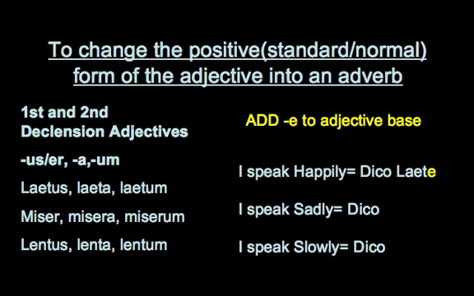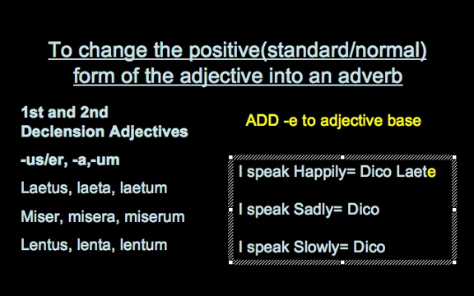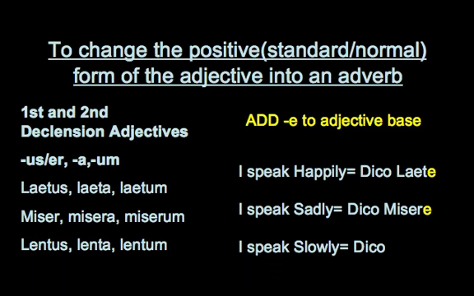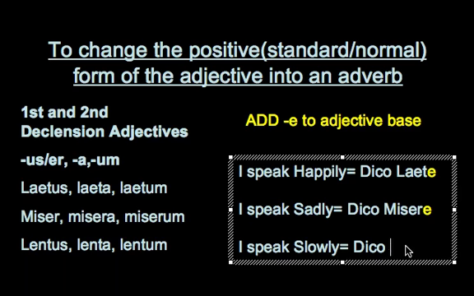If you have I speak sadly, dico misere. And lastly, I speak slowly, dico lente. So again, you're just taking the base of your adjective, which you can get in the feminine form or in the genitive, by dropping off the ending, and then you're just going to add e to that.